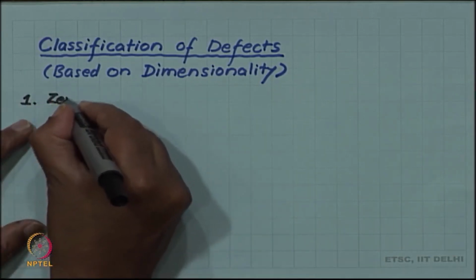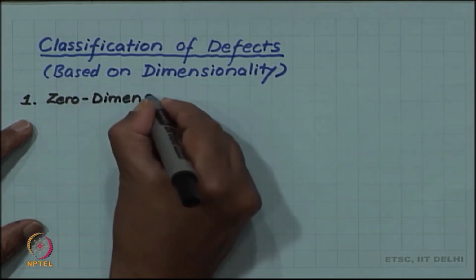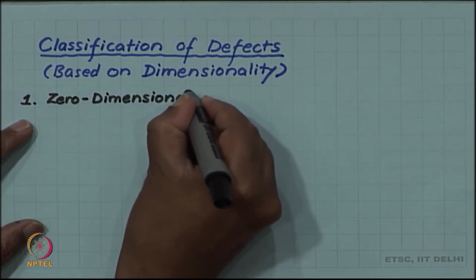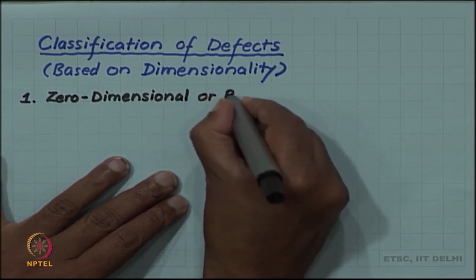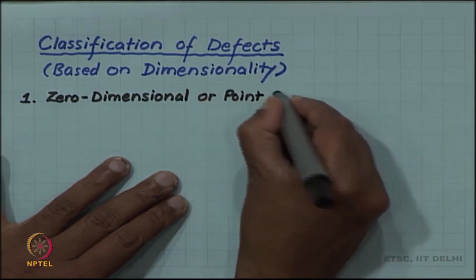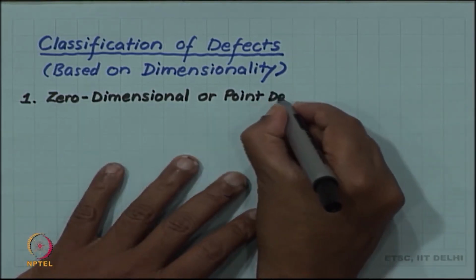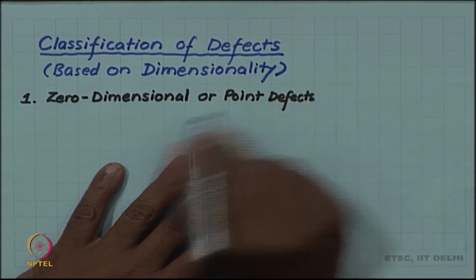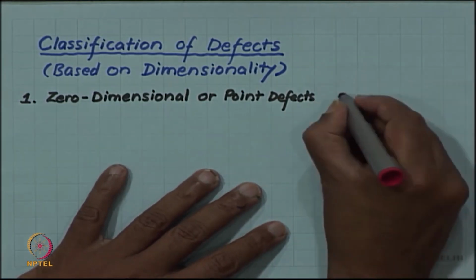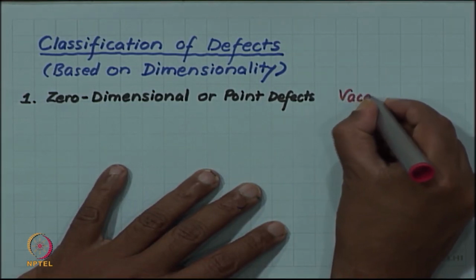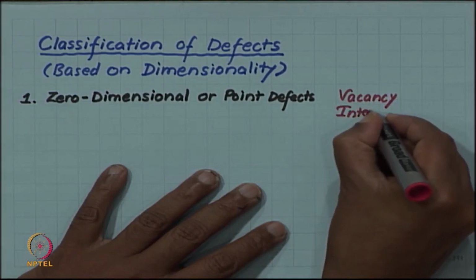So, we can have zero dimensional, or can also be called point, zero dimensional or point defects. An example of such defects will be vacancy. Another example can be interstitial.